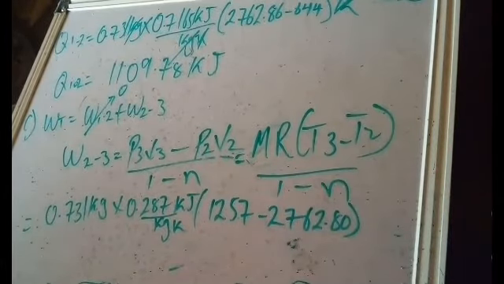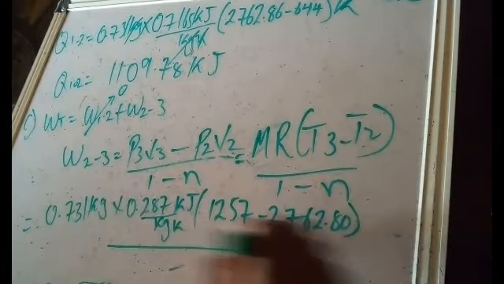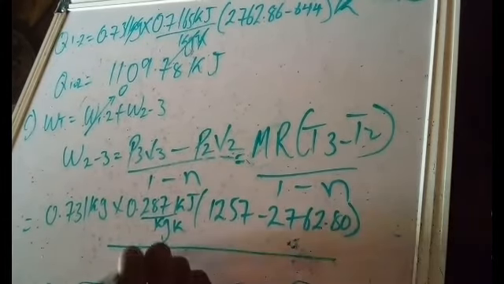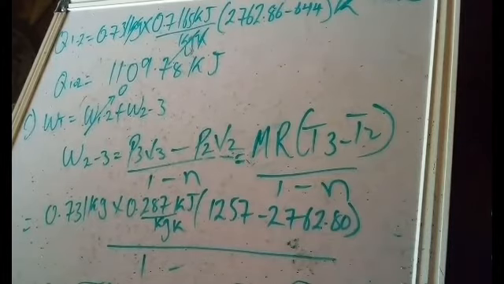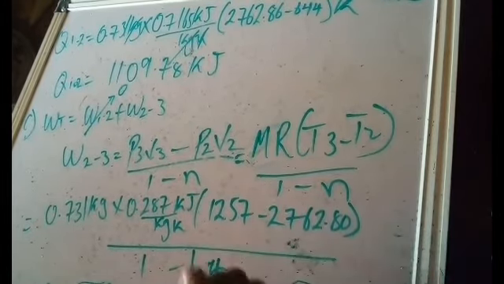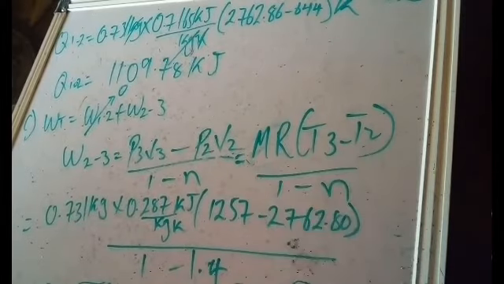Now to get our 1 minus n, where n becomes 1.4. Do you remember how this T3 was gotten? If you remember, when I asked you to write the values down, our T3 there was 984 degrees Celsius.